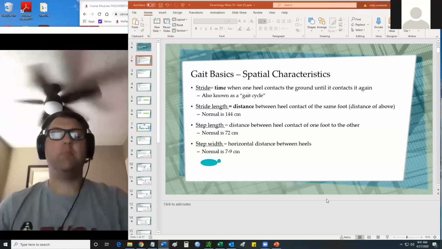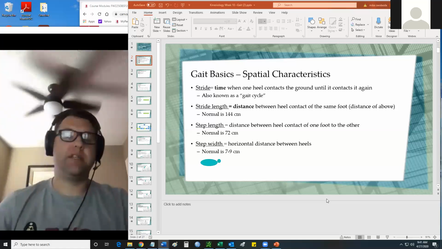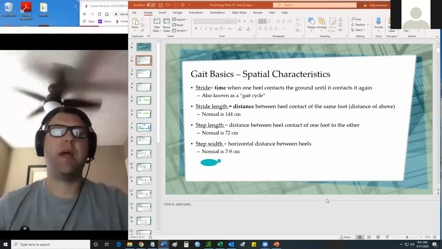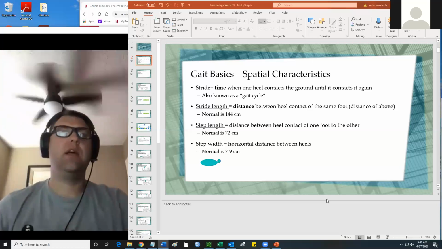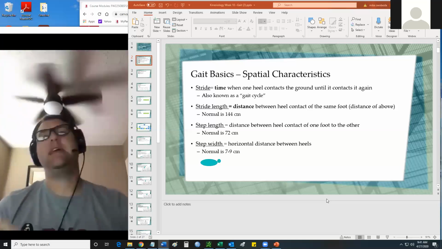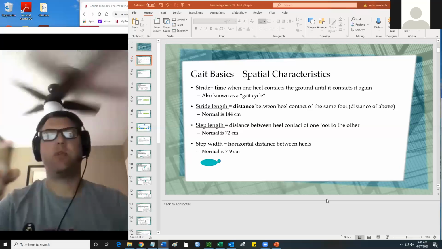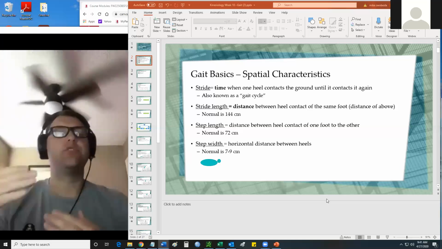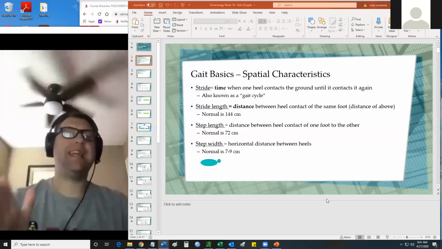Meaning, if I take a step out and hit the ground with my right heel, then take a step with my left foot, and then take another step with my right foot where the right heel hits the ground again, that is a full stride length for my right side.